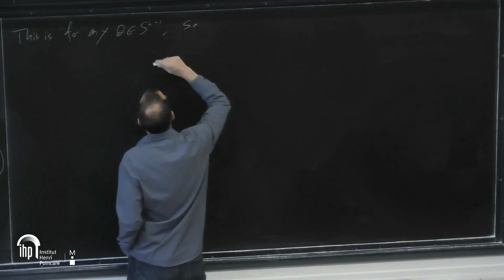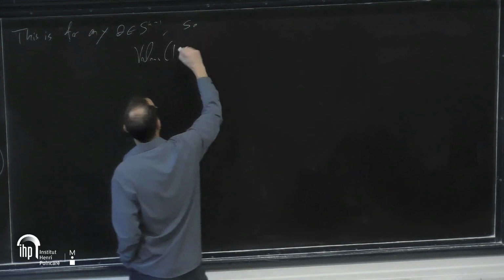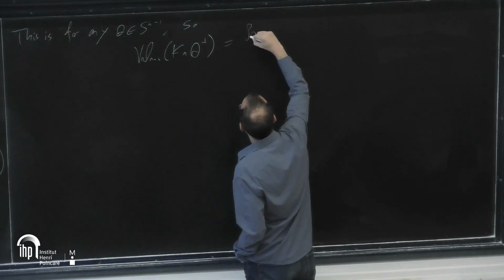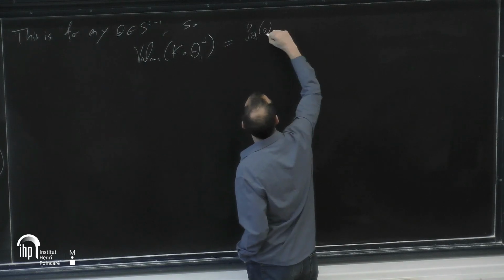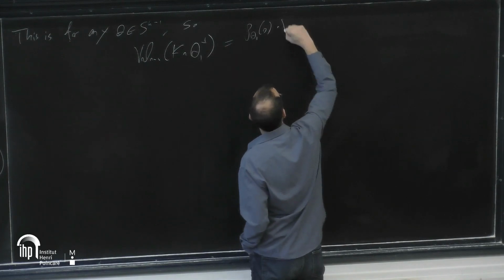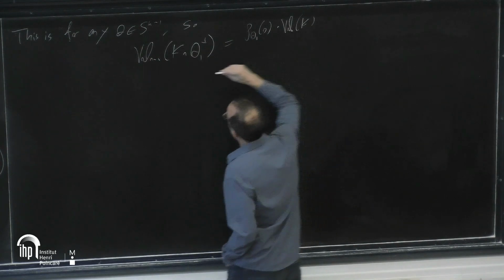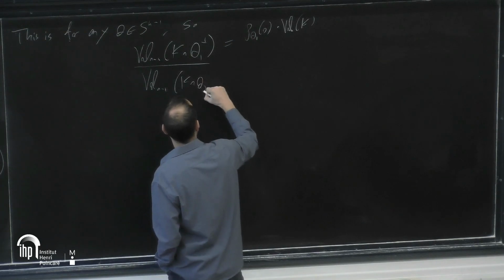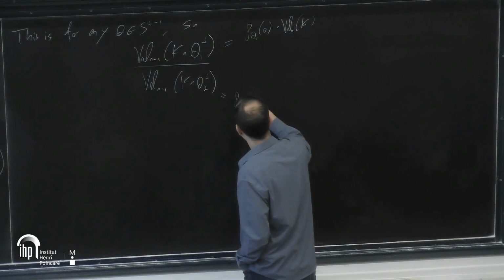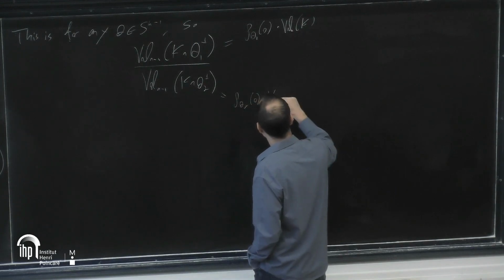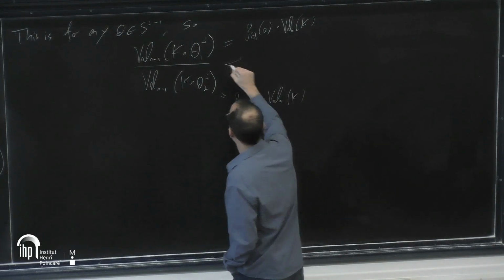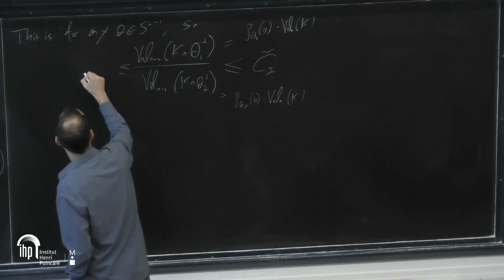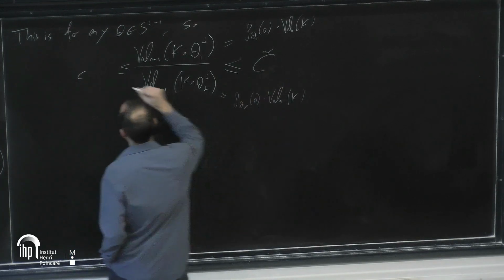So consider the ratio of the volumes of two sections: rho theta 1 at 0 times the volume of K, over rho theta 2 at 0 times the volume of K. It is bounded by two constants, c1 over c2.